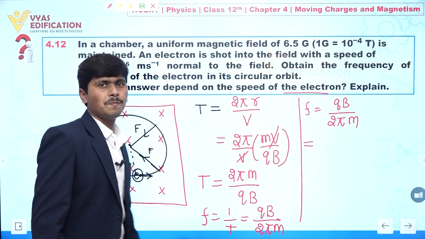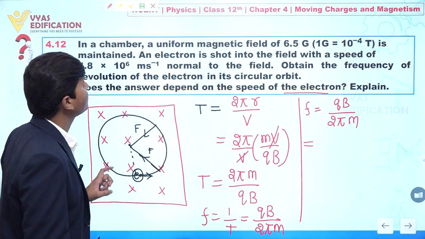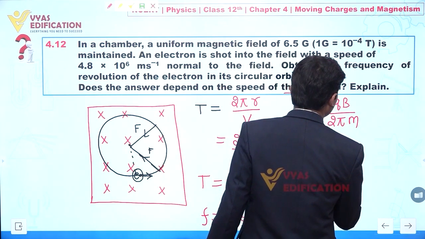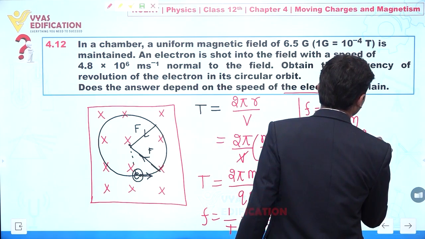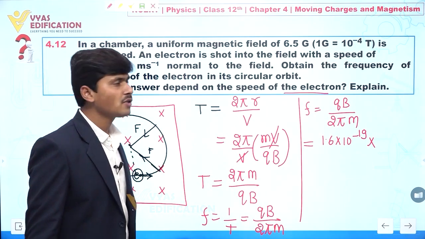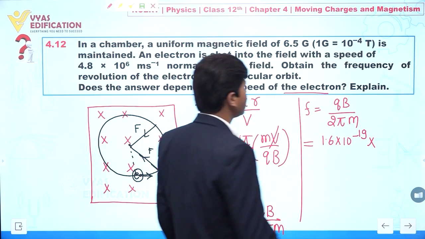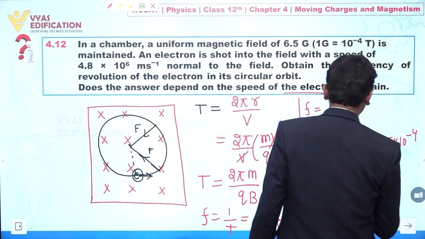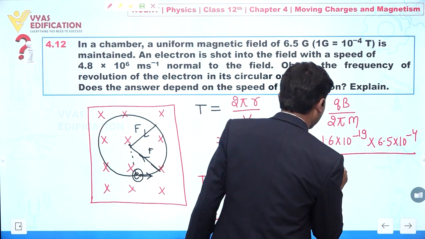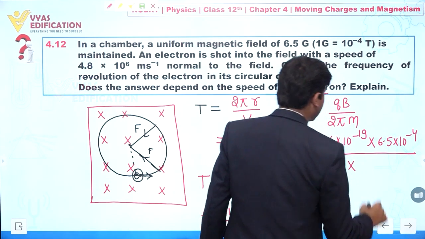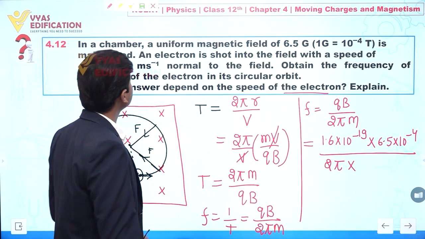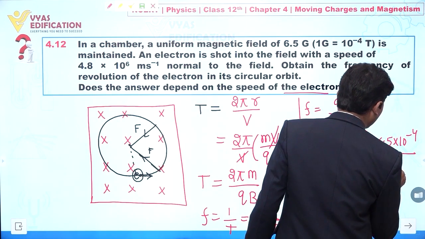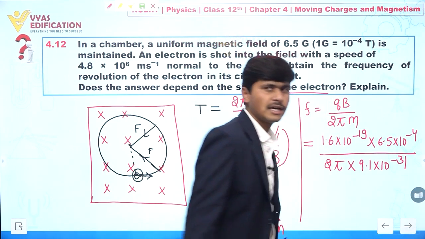Now the value of q is the charge of an electron, so 1.6 into 10 to the power minus 19. B is 6.5 into 10 to the power minus 4, and it is divided by 2 pi multiplied by m. Mass is given, we know that it is 9.1 into 10 to the power minus 31, clear everyone.